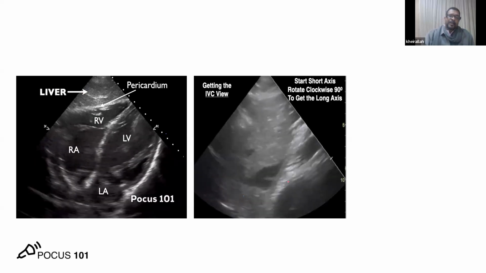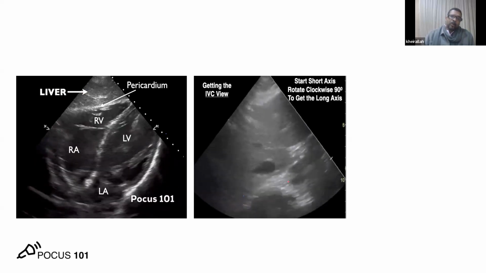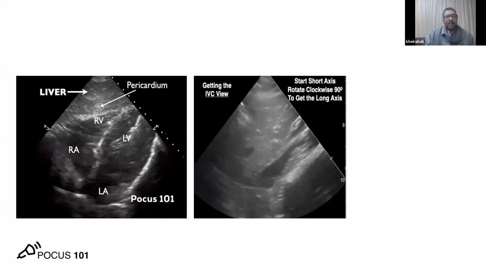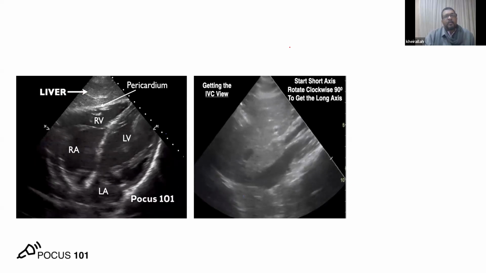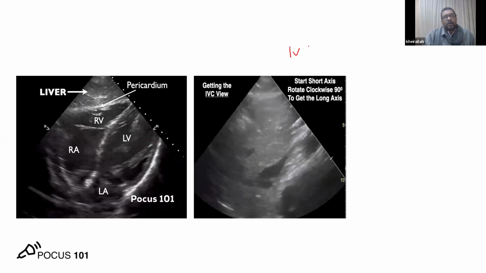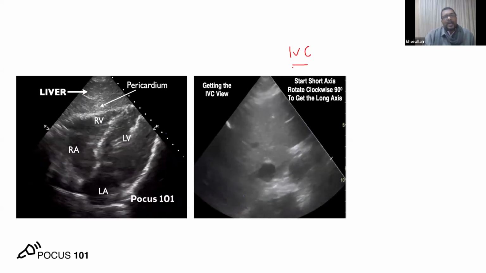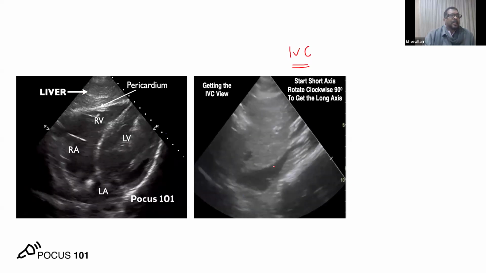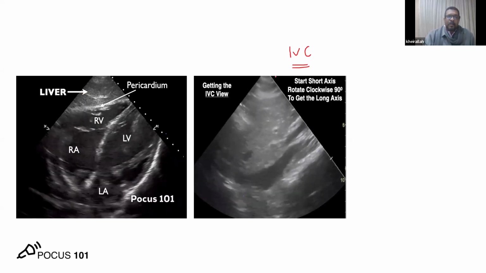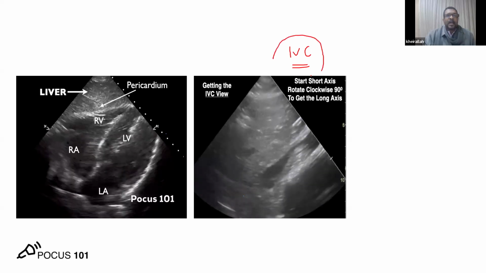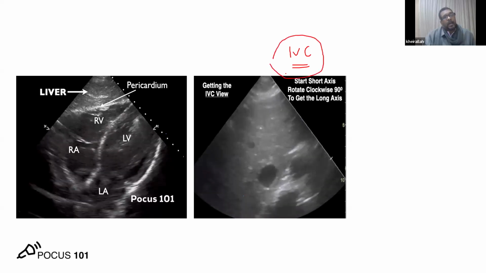You can also tilt the probe clockwise 90 degrees to get the IVC. The IVC is very important because by it we assess the central venous pressure, and sometimes it guides the fluid management.